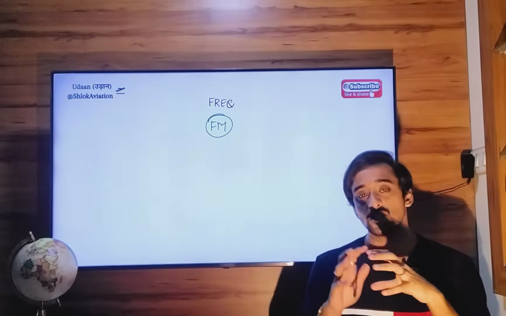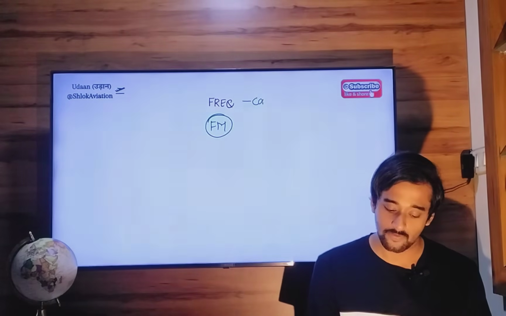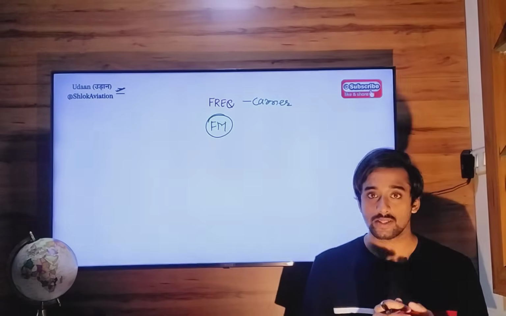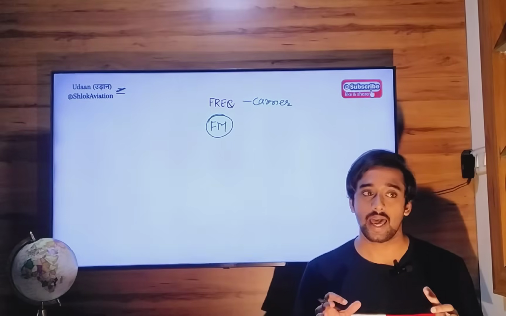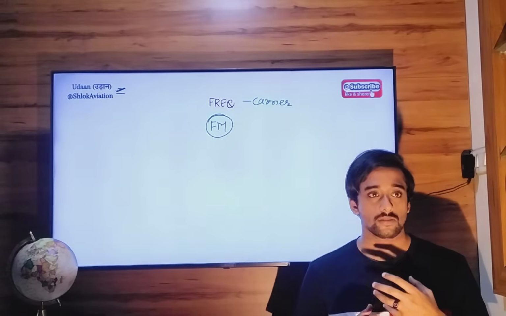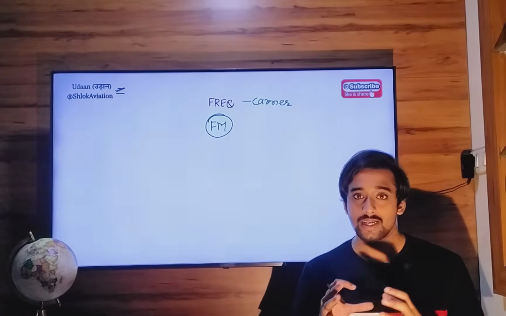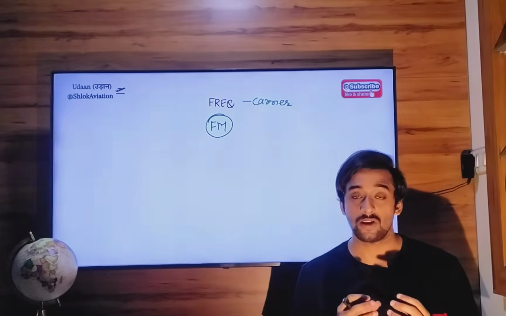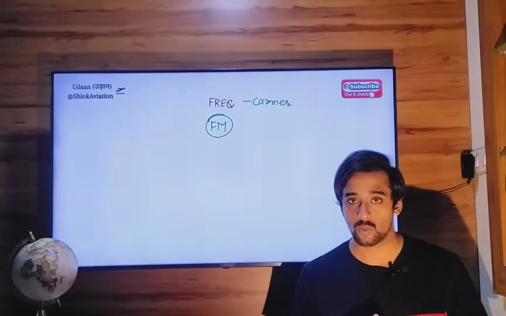There will be variations in frequencies added to this main carrier frequency, and these variations act like a postman delivering the specific information that we want to deliver with the help of that carrier frequency.